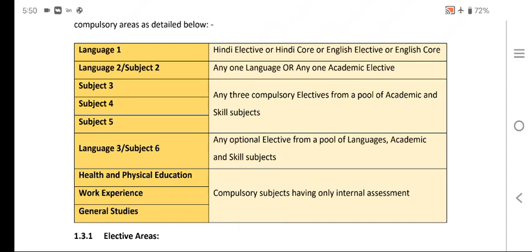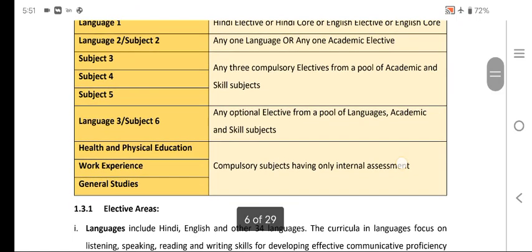Suppose you have taken English, then in language 2 you have taken Hindi. In language 3 you can also take Sanskrit or any other regional language as you require, or any academic or skill subjects. Health and physical education, work experience and general studies are all compulsory.